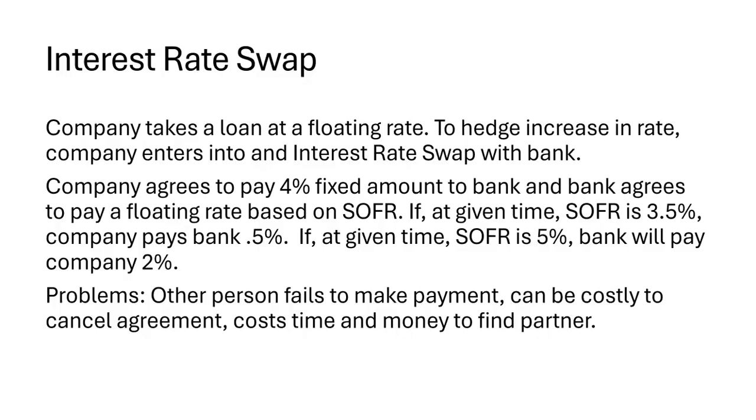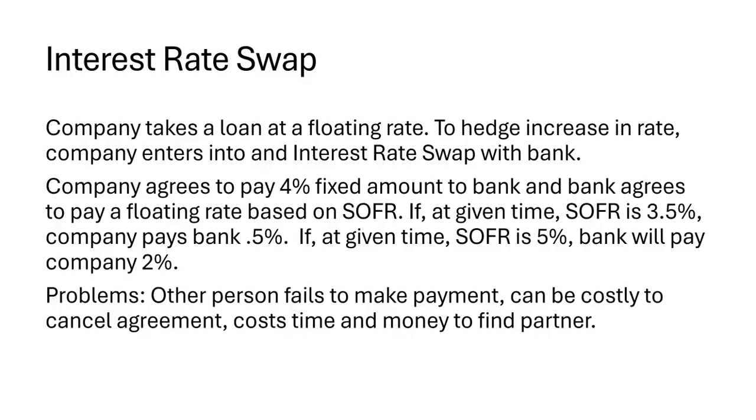And the bank agrees to pay a floating interest rate based on the SOFR. At a given time, based on the contract that is entered, both groups will determine what the current interest rate is.